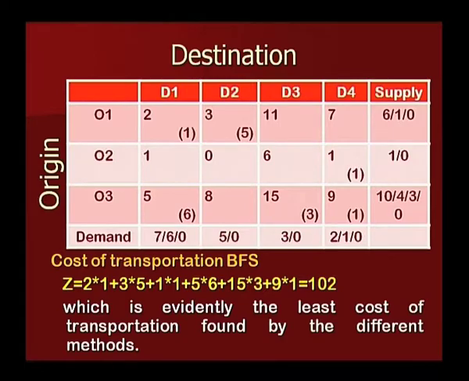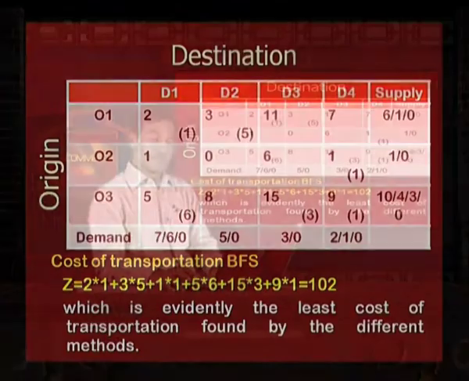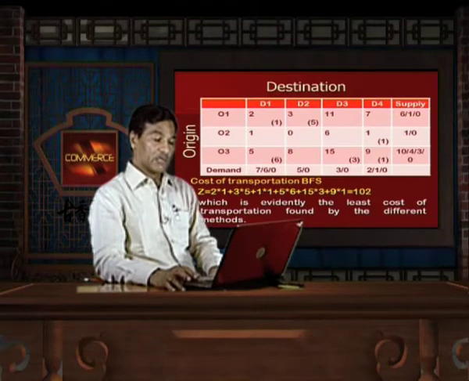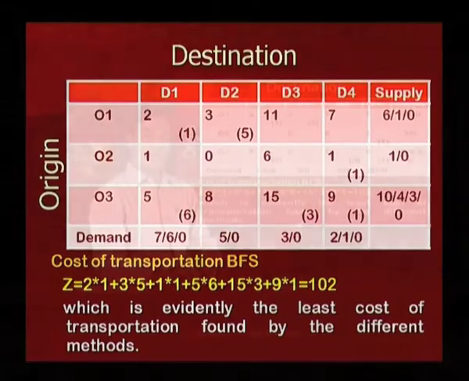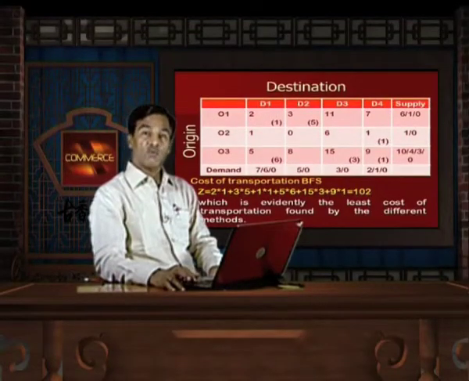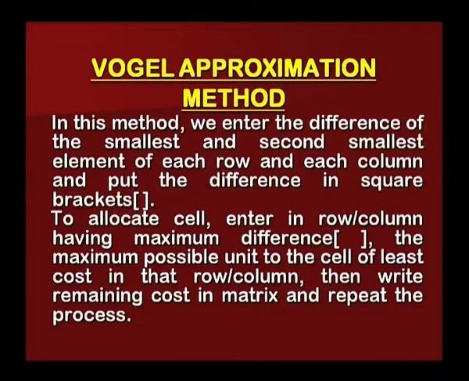This way the cost of transportation of the basic feasible solution becomes Z equal to 2 into 1 plus 3 into 5 plus 1 into 1 plus 5 into 6 plus 15 into 3 plus 9 into 1, equal to 102, which is evidently the least cost of transportation found by the different methods. Therefore, the Vogel method is the best method of finding a basic feasible solution of any transportation model.